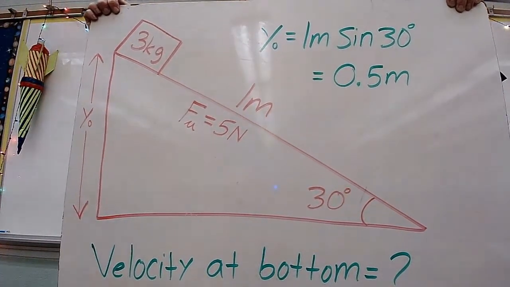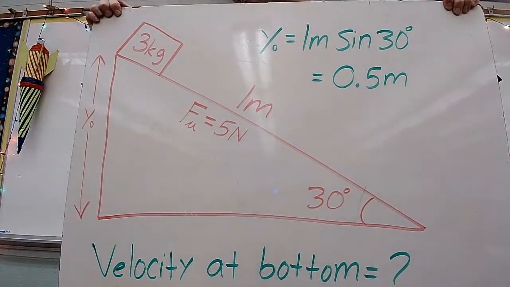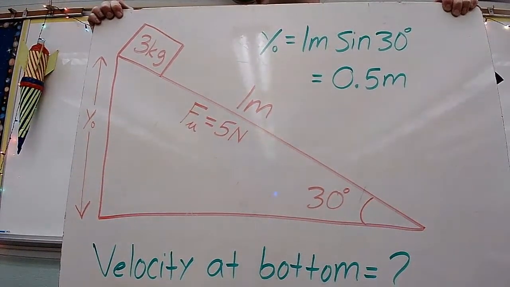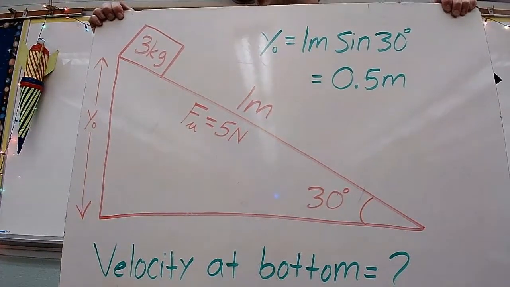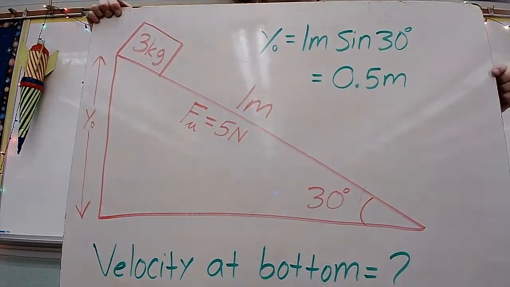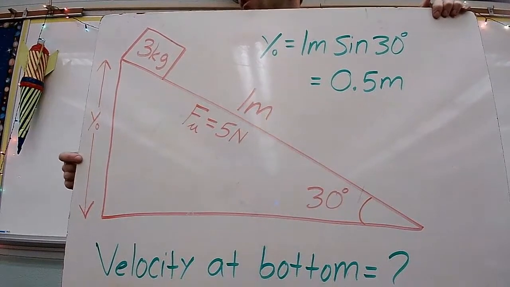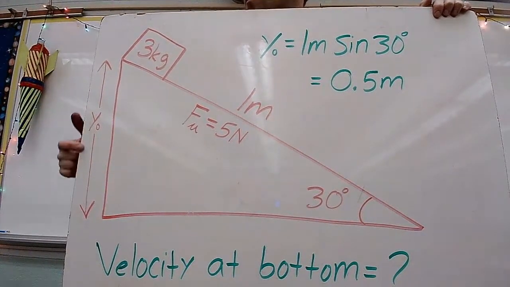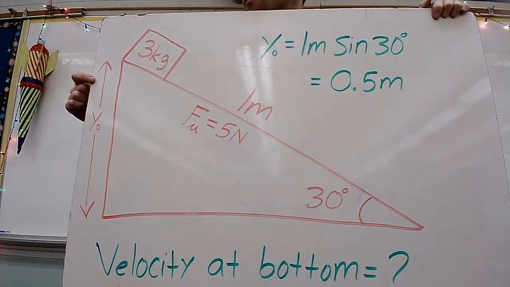So we know that it's a 30-degree angle. It's going to travel 1 meter down the incline. Force of friction is a constant 5 newtons. You can see it is a certain height from the bottom of the incline there, described as y original.